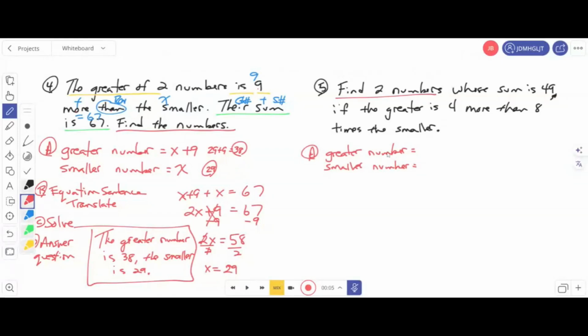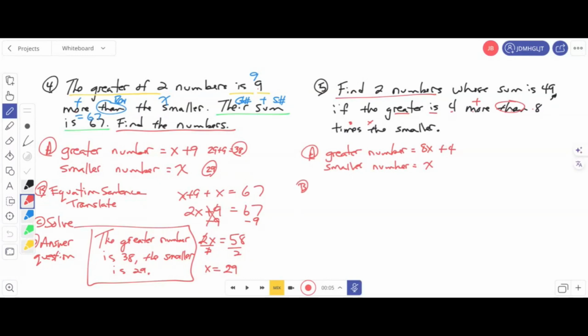I need a sentence that says the greater number is, and I need a sentence that says the smaller number is. Well, they're only going to give me one of those. It says greater is. So that means the smaller must be x. The greater is 4 more than, and we have a reverse word, 8 times the smaller. So the greater is 4 more than, means 4 is on the other side of the plus sign, 8 times x.